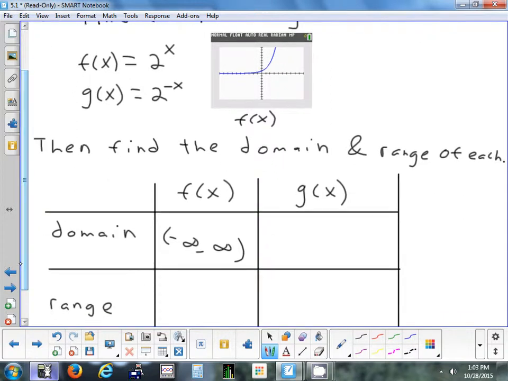Now, what about the range? At this point, it's kind of a guess at how low it goes, but I think you can probably estimate what it's approaching, but it's not going to reach. All right, numbers greater than 0. Yeah, so all real numbers greater than 0. 0 to infinity.